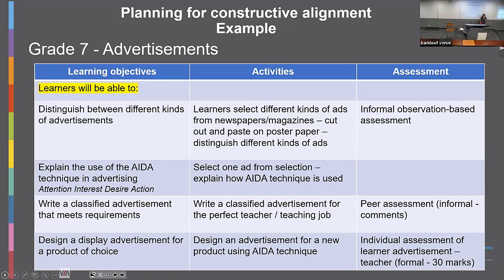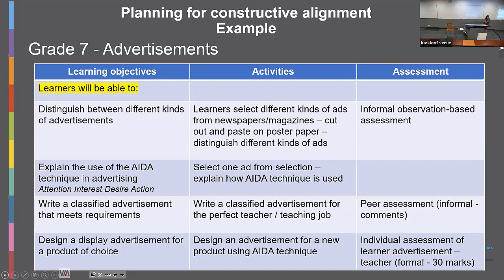Learners will be able to explain the use of the ADA technique in advertising. ADA stands for attention, interest, desire, and action. So they've got to select one ad from their selection, you see, the activity 1, and then explain how the ADA technique was used to design that advertisement. Then you want them to write a classified advertisement that meets specific requirements, so it must be a certain type of words, certain length.